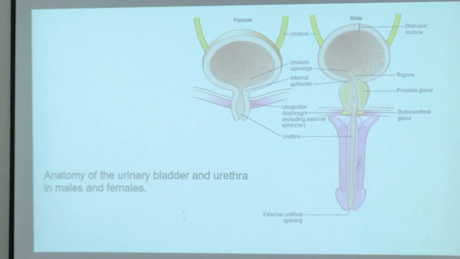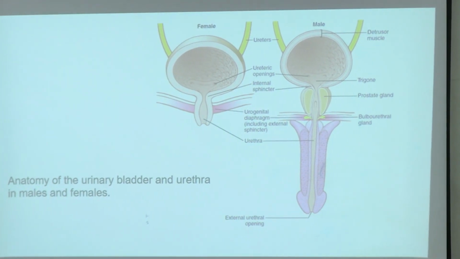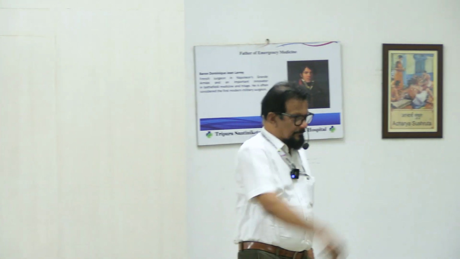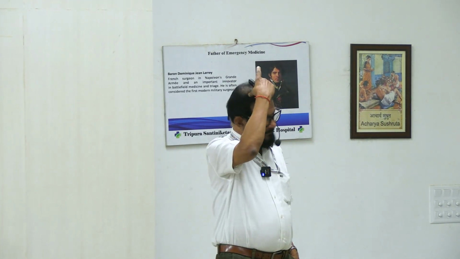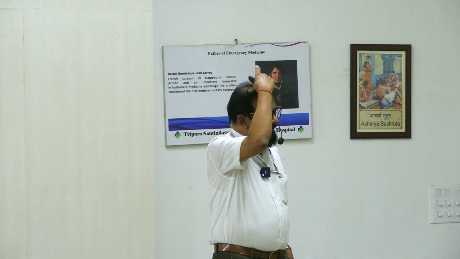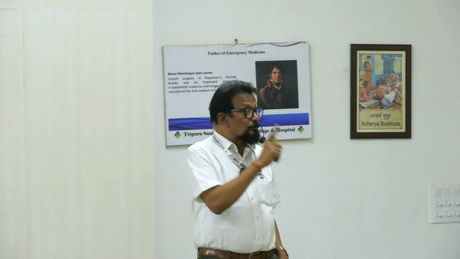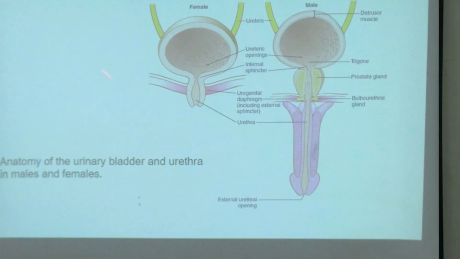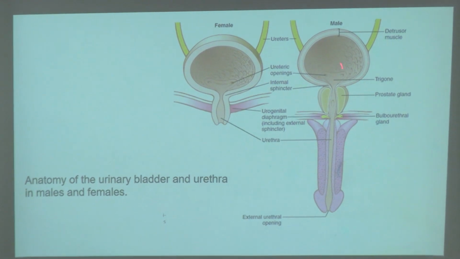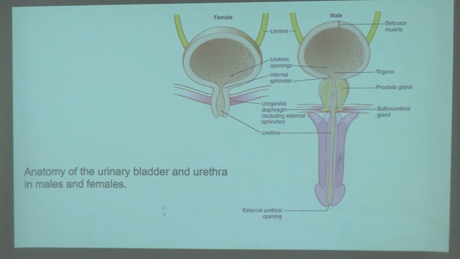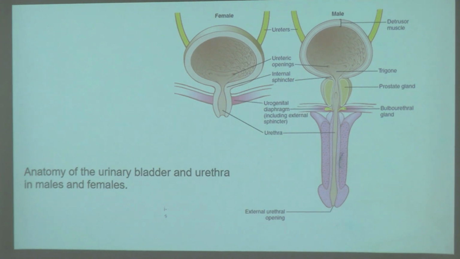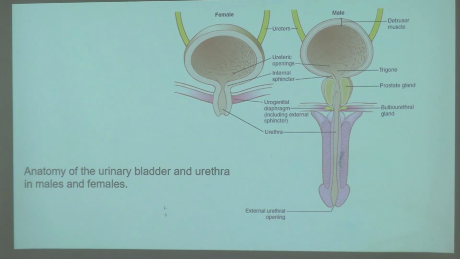Let's see now how they are innervated. They are innervated by the autonomic nervous system, mainly the body and the trigone area, the neck area, and also the internal sphincter. This part is the internal sphincter, and it is controlled by the autonomic nervous system, meaning sympathetic and parasympathetic nervous system.